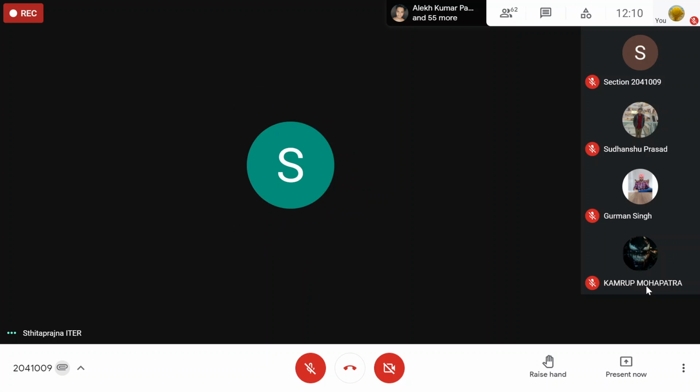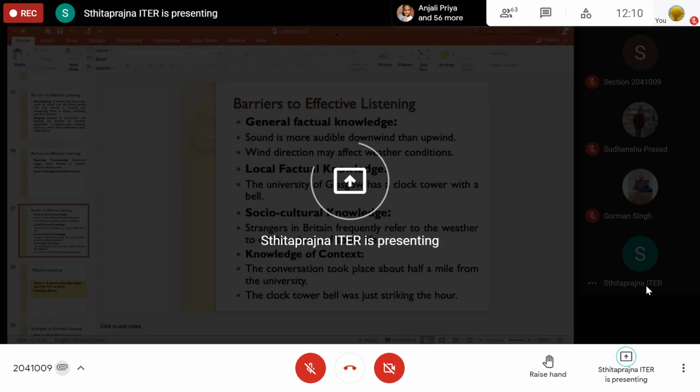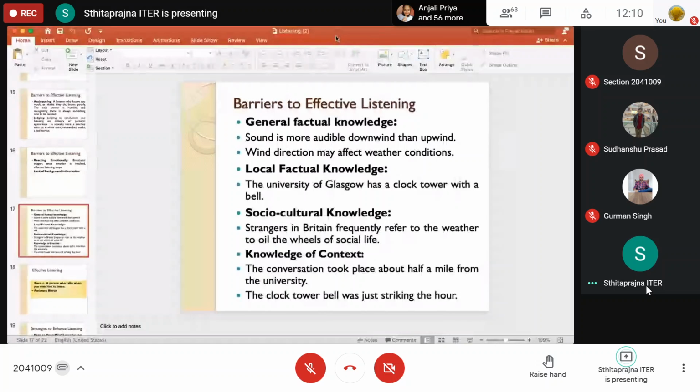these four background information: general factual knowledge. These are the four background information which is required to decipher the meaning of "it's going to rain."